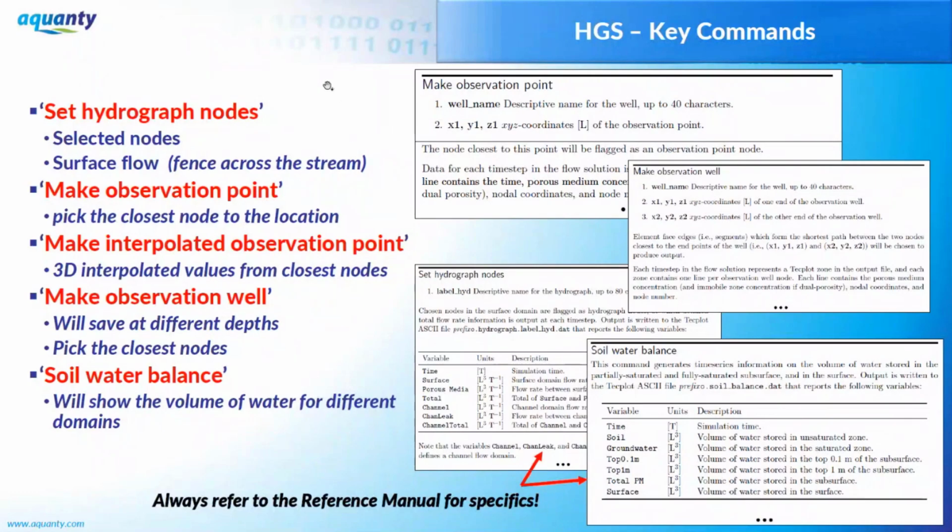If you have your stream running in one direction, you set up a fence. A fence will include at least 3 nodes, and it will be perpendicular to your stream, and it will capture flow going through the stream and give you the values of fluxes going through this fence.